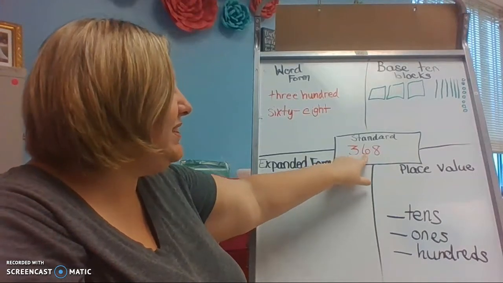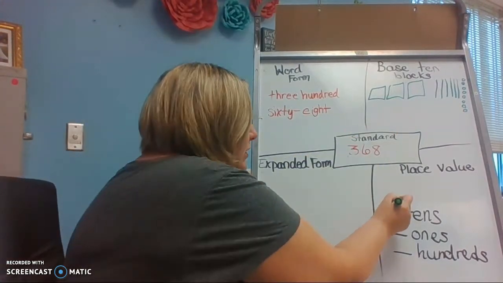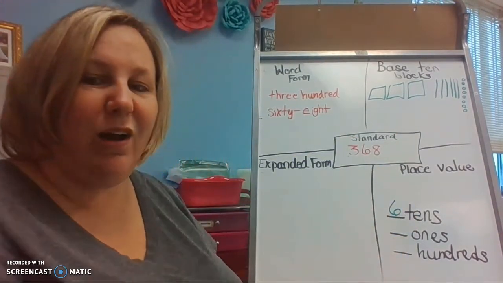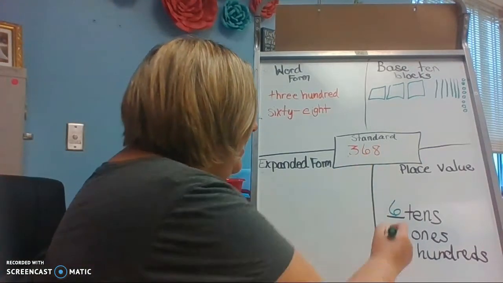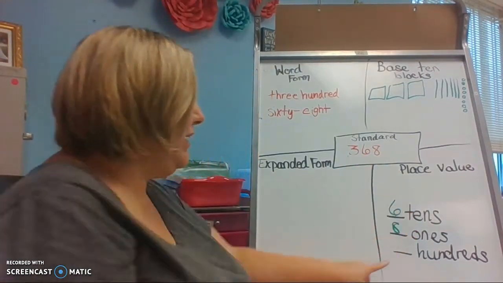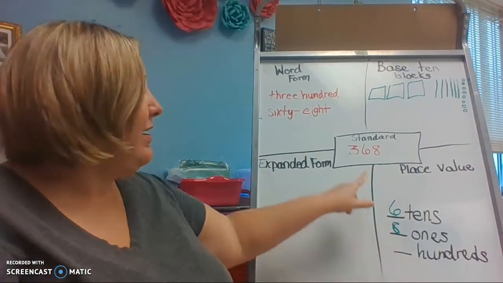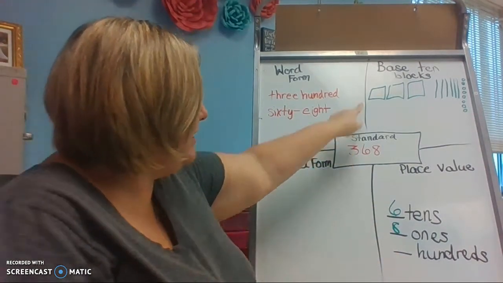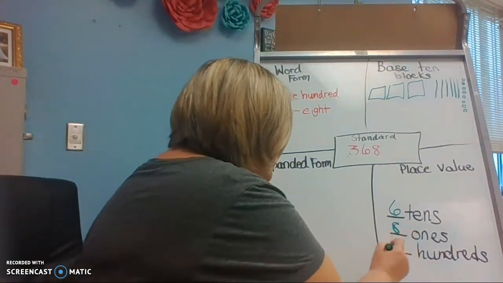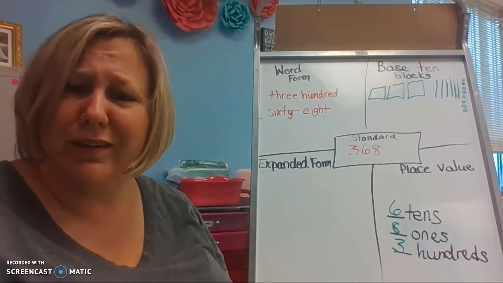Very good, we have 6 10s. So our 6 is here. How many 1s are there? That's right, 8. And how many hundreds? That's right. The digit 3 is in our hundred spot, so we have 300s. Man, I didn't trick y'all.